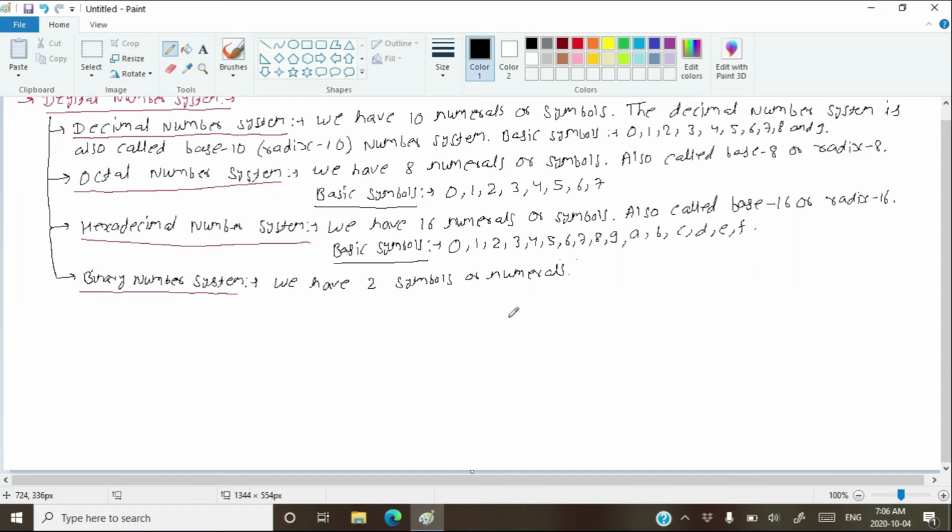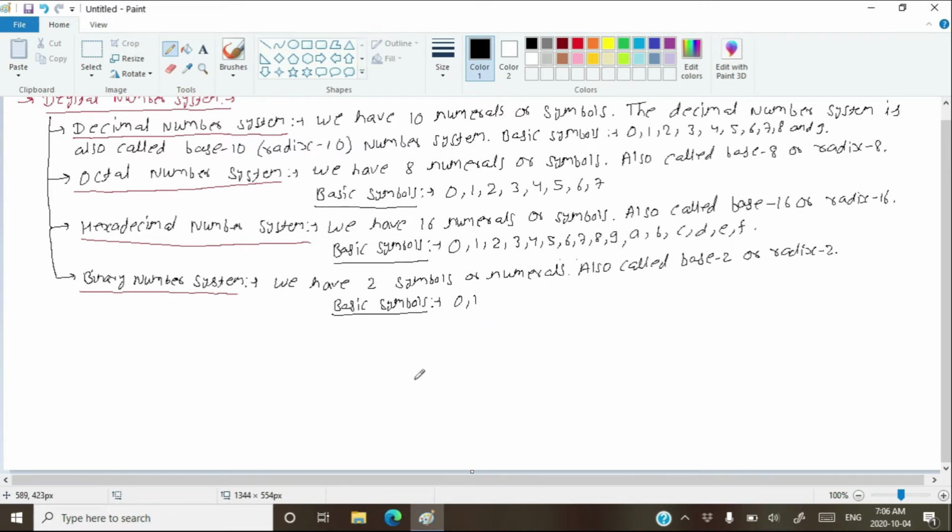In binary number system, we have two numerals or two symbols, also called base 2 or radix 2. Basic symbols are 0 and 1.